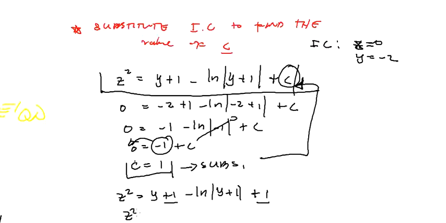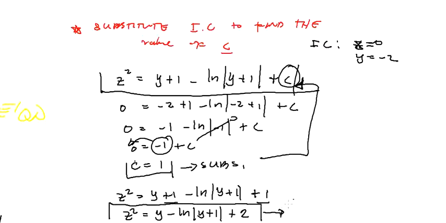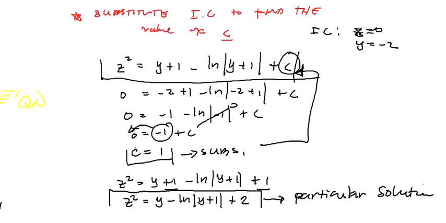So we have z squared is equal to y minus ln of y plus 1, plus 1 plus 1 is 2. So this is now our particular solution.